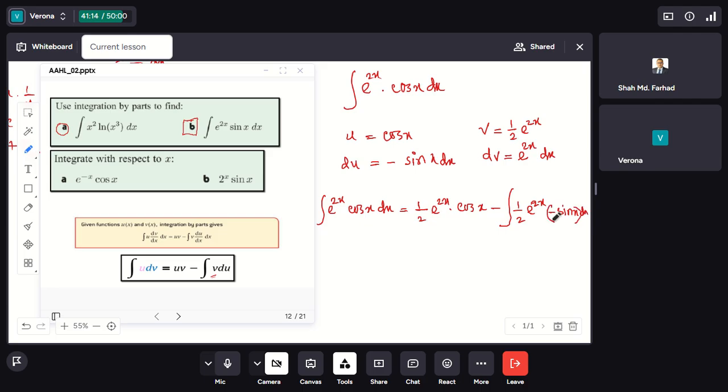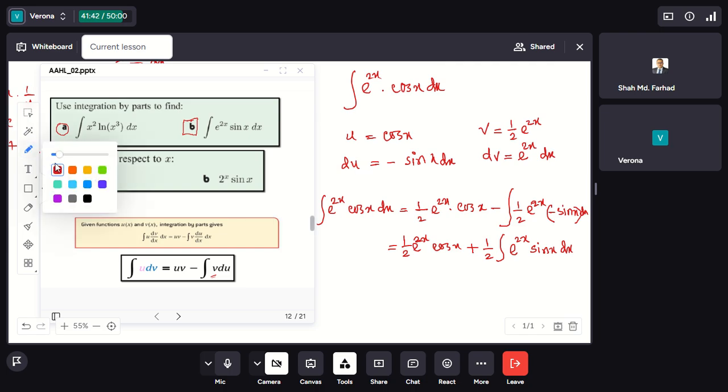So from here we will get 1 over 2 e power 2x cosine x, plus 1 over 2 integral e to power 2x sine x dx, right?